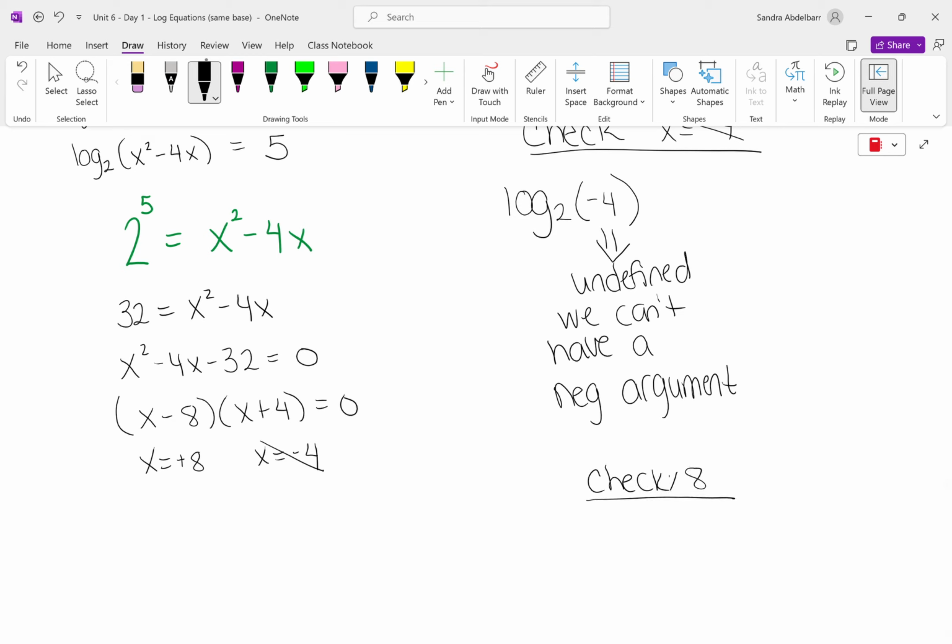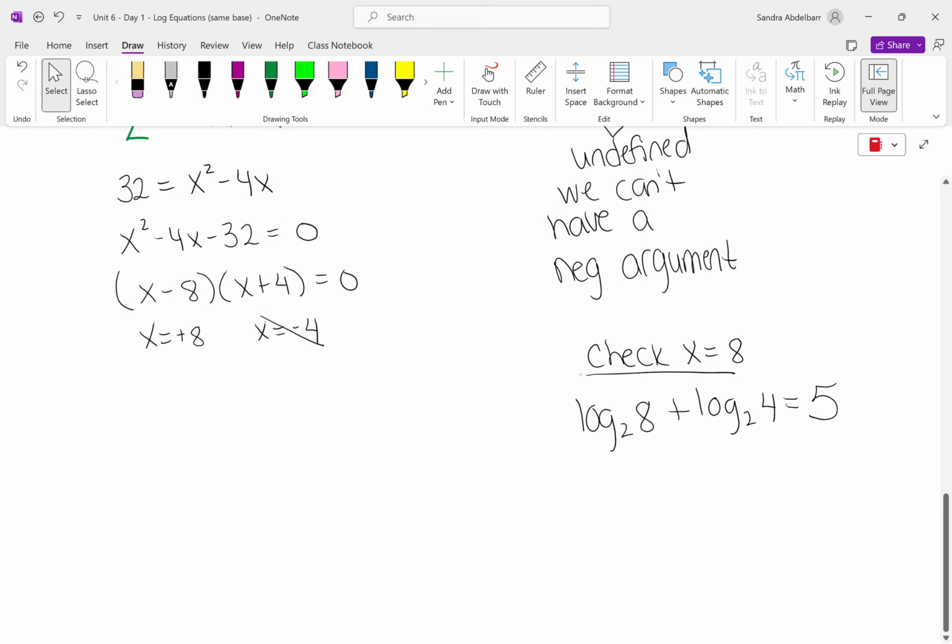Now we're going to check 8. So we go back to our original log base 2 of 8 plus log base 2 of 4 equals 5.